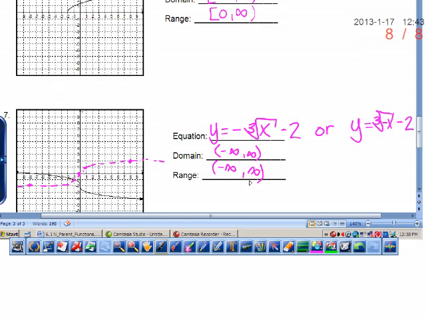If the graph is vertically compressed by 2, how would you be able to tell if it was flipped over the x-axis or the y-axis? I'm not sure I understand your question. Can you try again?